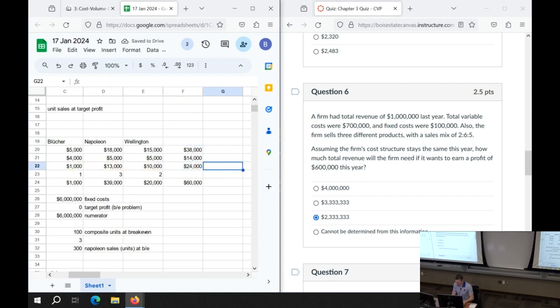We've summed it all. We can say the CM ratio is 0.63. So we earn 63 cents of contribution per dollar in sales that we make. And you could take this numerator, divide by 0.63, and you put that amount in sales.